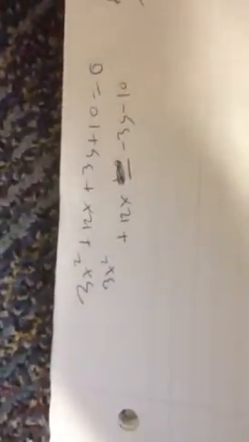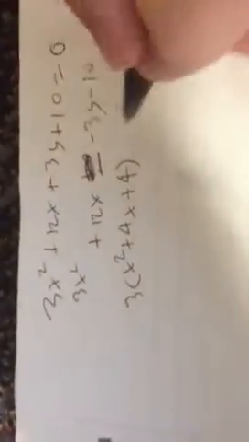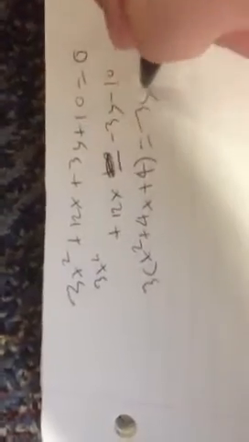The next thing you're going to want to do is factor this right here. So you take out the 3: x squared plus 4x, and then you complete the square with 4, equals negative 3y minus 10.